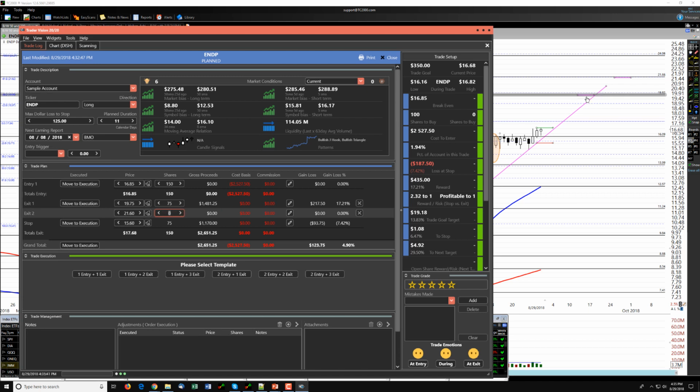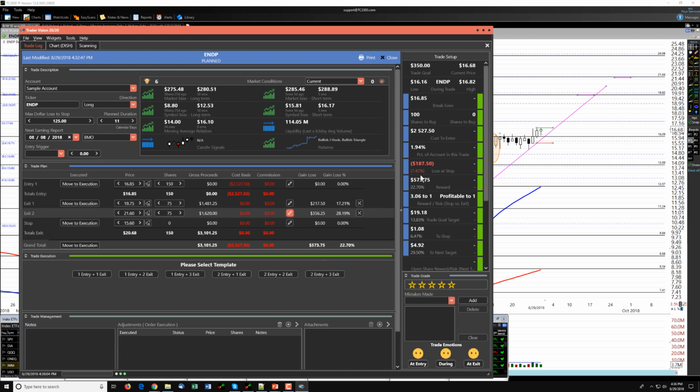But nonetheless, if we could sell half there and hold on to the half up to that 21.5 area, let's see, 75, we'd make 28% on that second piece overall, giving us a 23% trade, and we'd book almost $575 of profit.